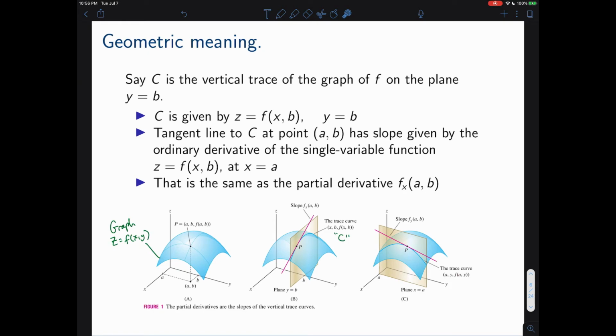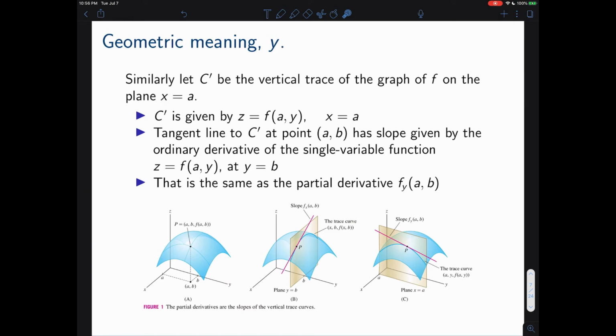That's what the partial derivative means. It means the slope of the tangent line at that point to the trace curve given by setting y equal to a constant. On the next slide, we'll see what happens with x.